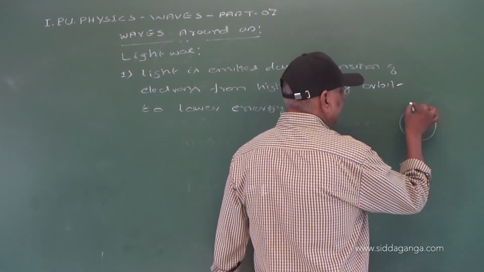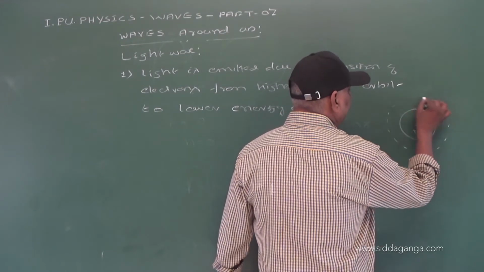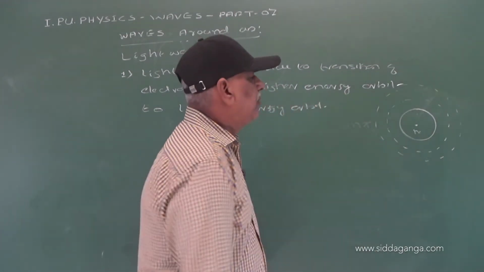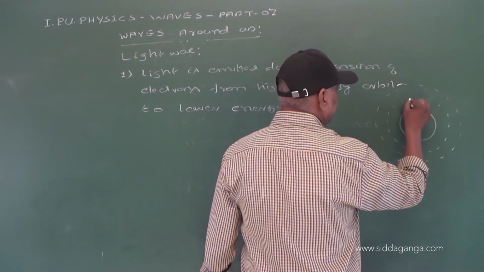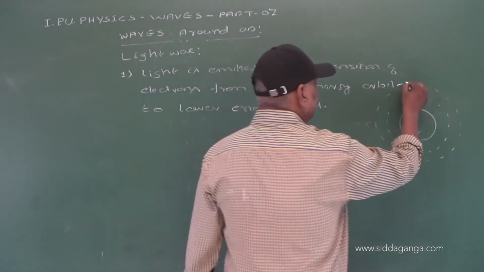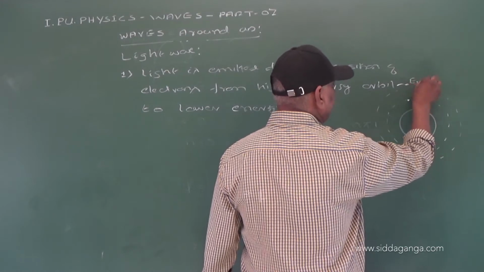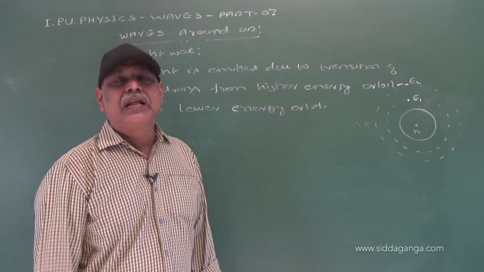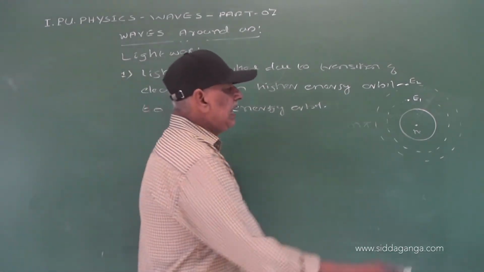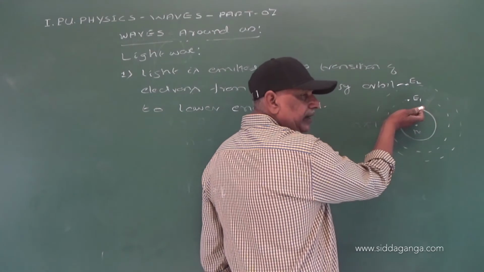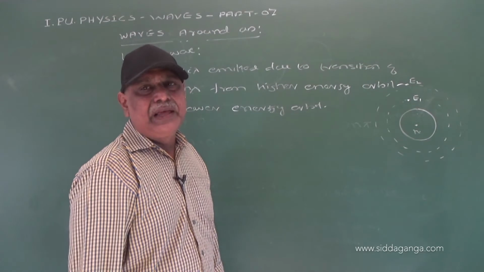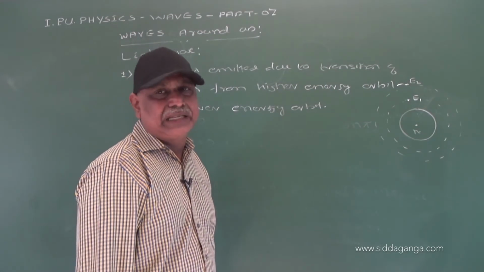We know that an atom consists of a central nucleus and electrons are revolving around the nucleus in various atoms. Suppose E1 is the energy of lower orbit and E2 is the energy of higher orbit. When external energy is supplied to an atom, for example by heating it, the electron in the lower orbit takes the energy and jumps to a higher energy orbit. Now the atom is said to be in excited state.